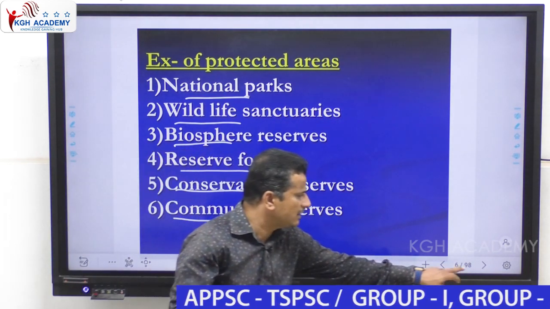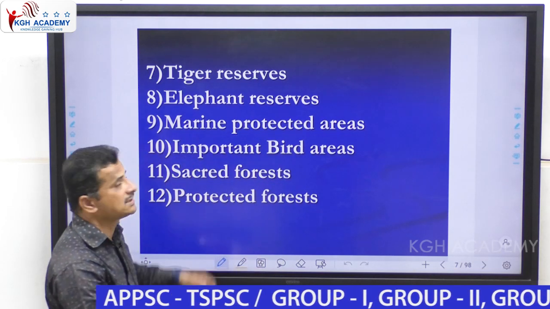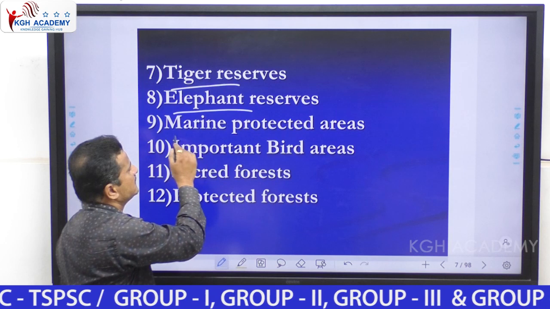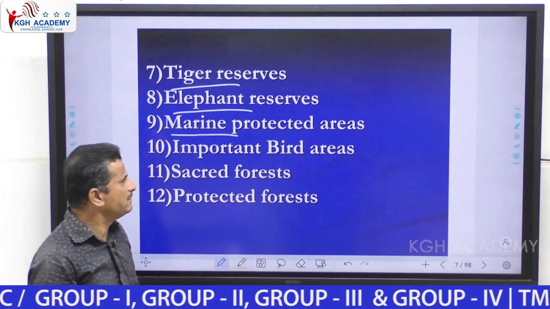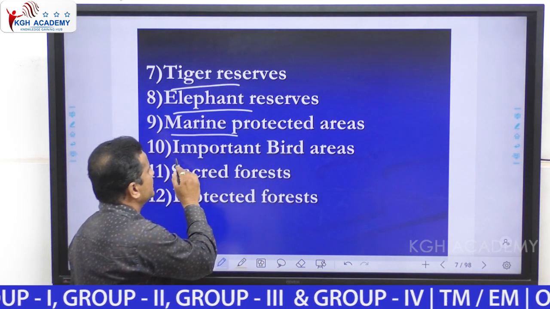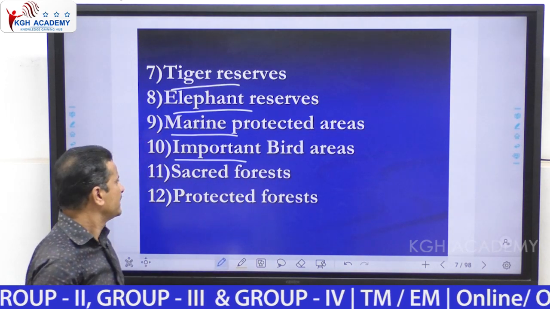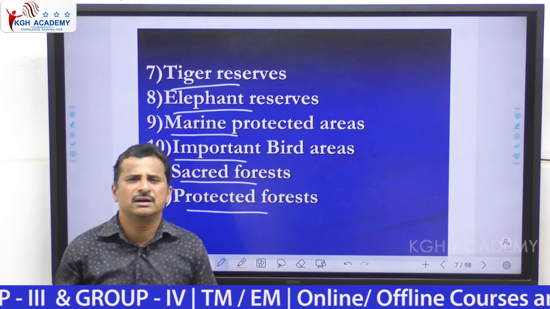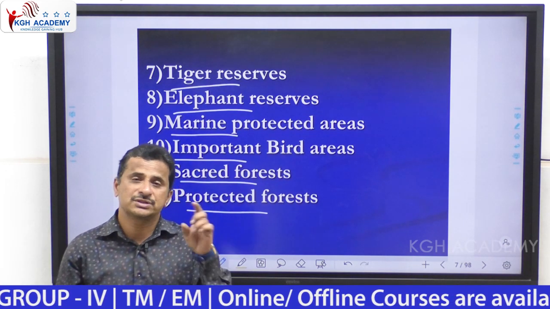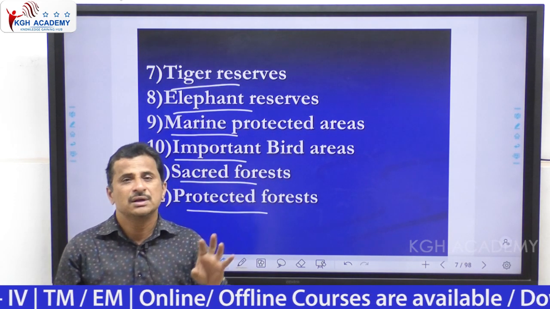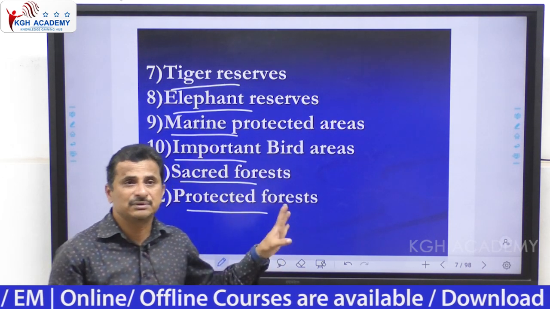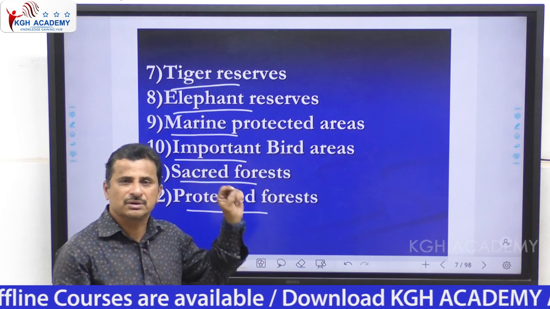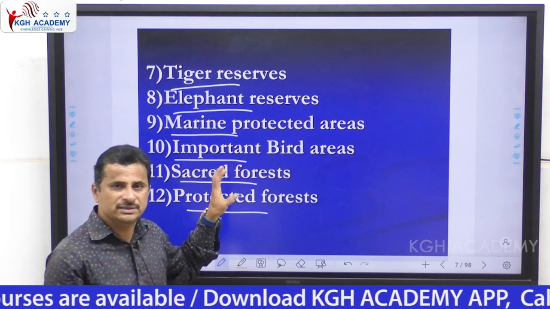These all are protected areas, and there are some more: tiger reserves, elephant reserves, marine protected areas, also called MPAs, important bird areas, sacred forests, and protected forests. Most of the time these are under government control, but sometimes local communities, certain groups, or people of certain religions can also control these protected areas.